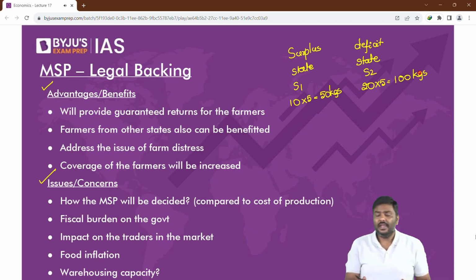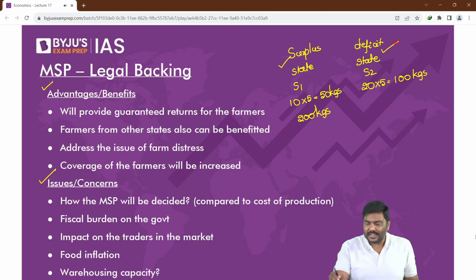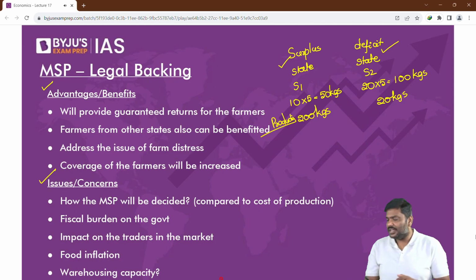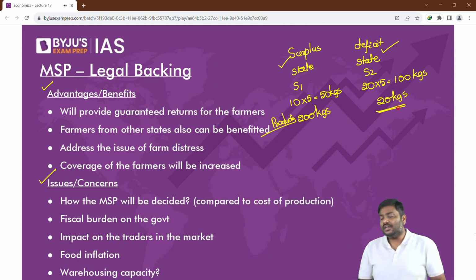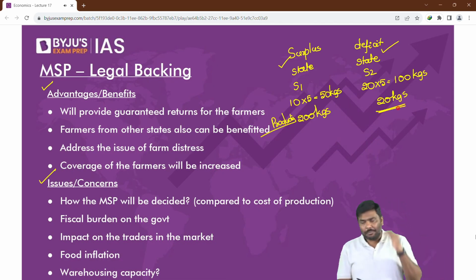But what if production of this crop in state 1 is 200 kgs and in state 2 it is only 20 kgs?